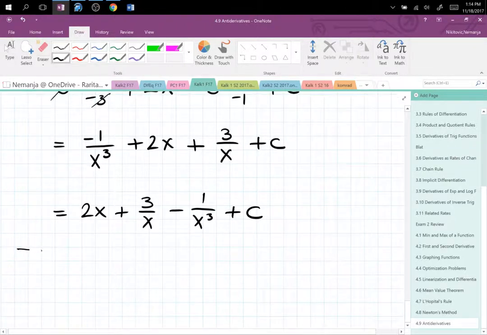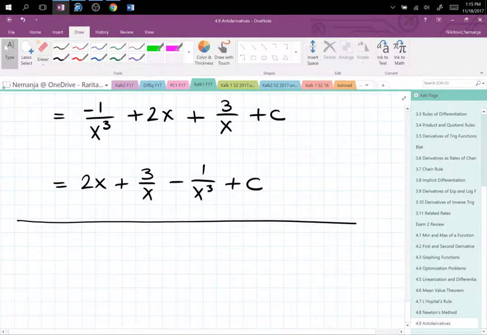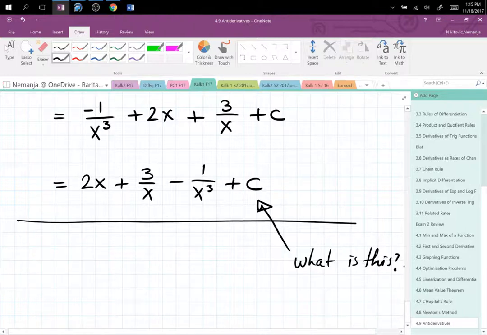Now, I wanted to leave the 2 minutes at the end just to discuss this very quickly and briefly. What is this? So we know that plus c needs to be there. But the question is, can we compute the value for it?